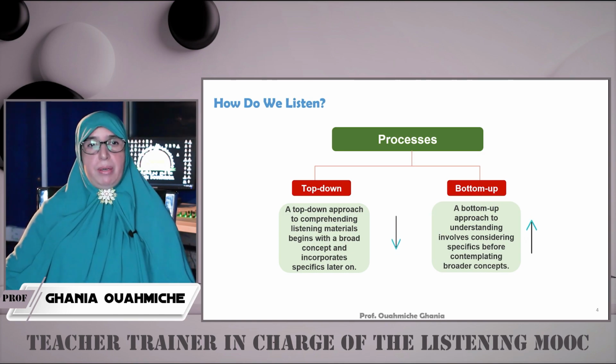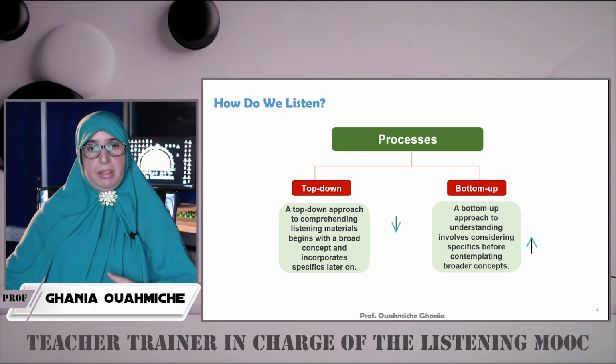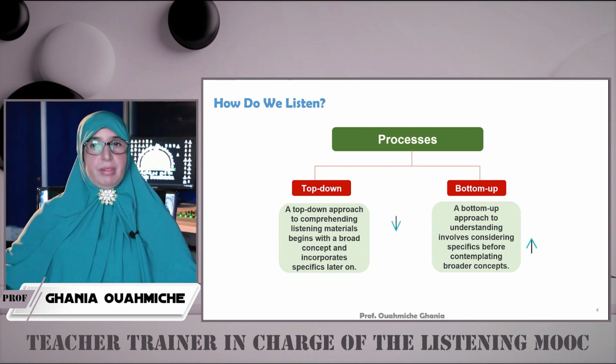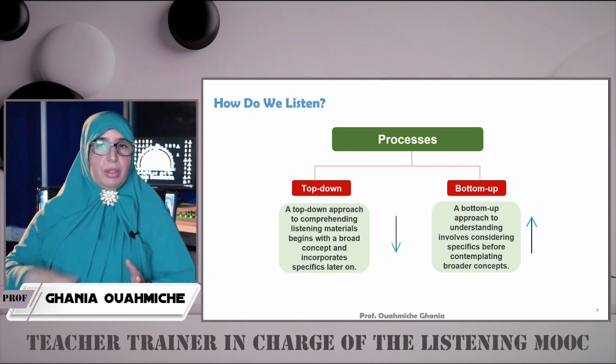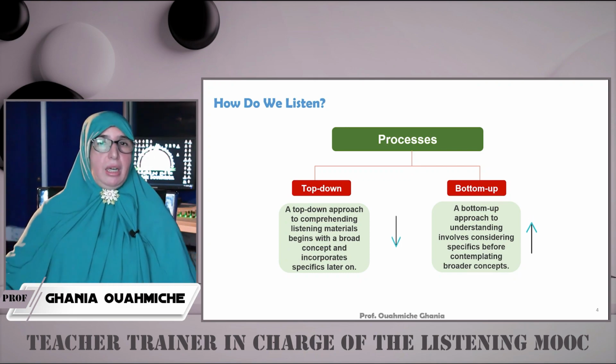A top-down approach to comprehending listening materials begins first with a broad concept and incorporates specifics later on. Bottom-up processes are the opposite, the other way around. A bottom-up approach to understanding involves considering specifics before contemplating broader concepts.